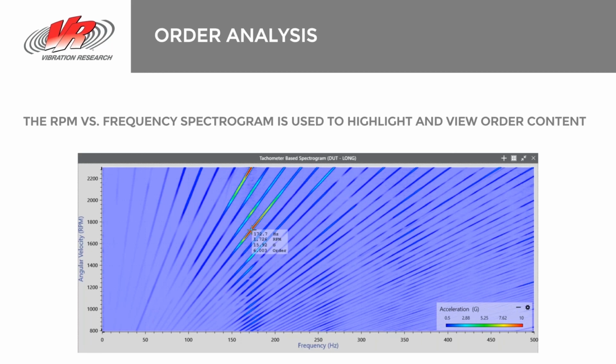This allows us to see that dominant sinusoidal content in those lines that you see that are more highlighted, that indicates the sinusoidal or rotational content. You can see that I have my cursor over the 6th order content in relation to that RPM trace.